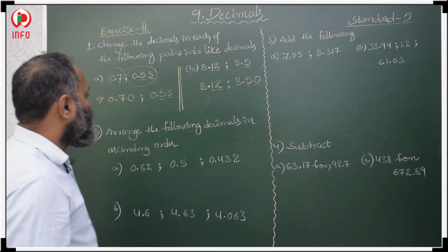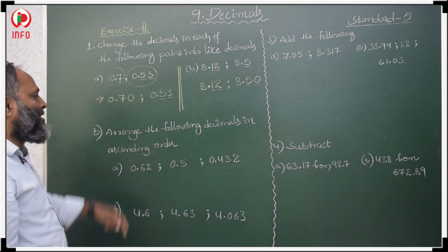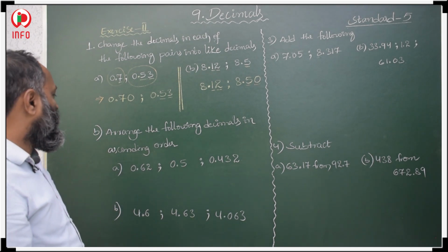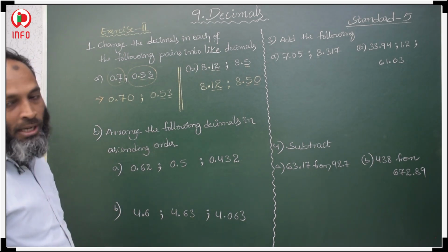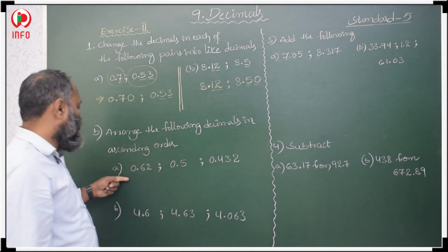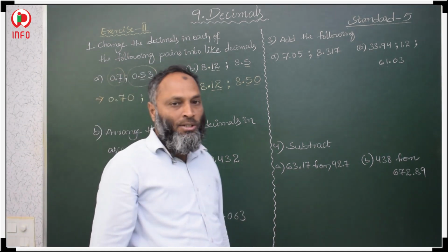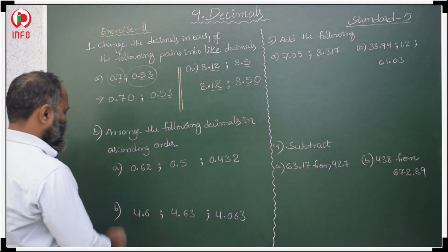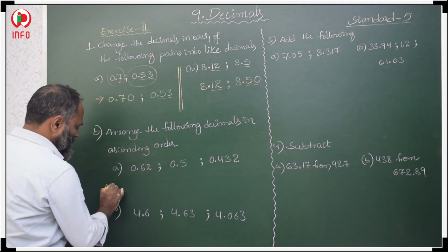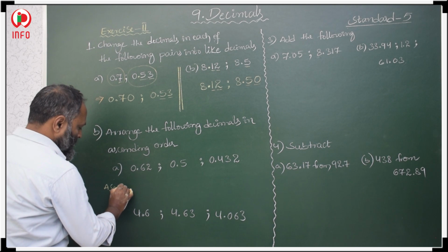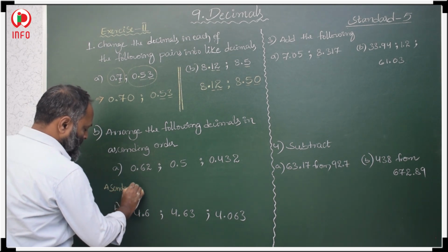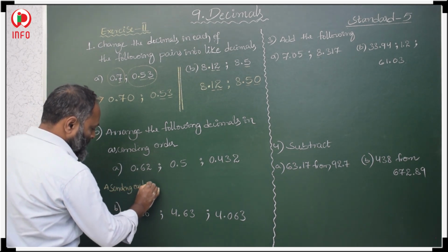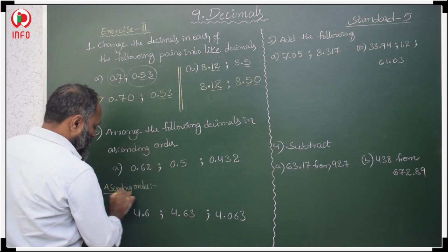Now next, B: arrange the following decimals in ascending order. Now we have to arrange these decimals into ascending order, increasing order.